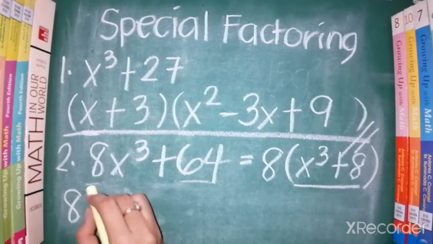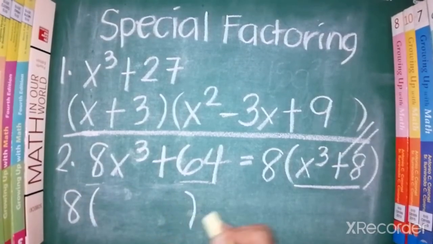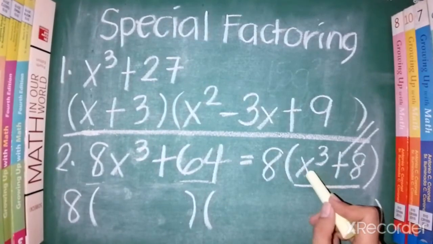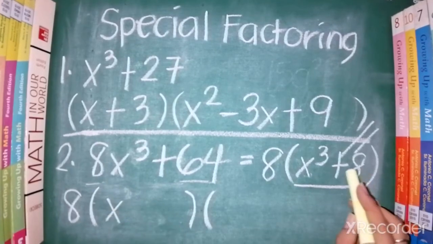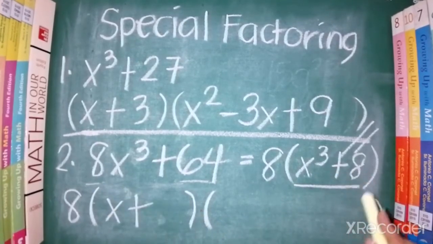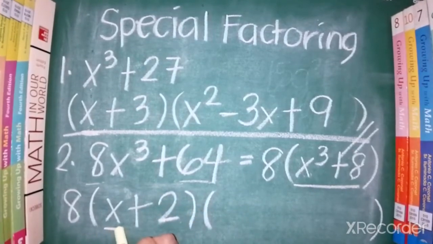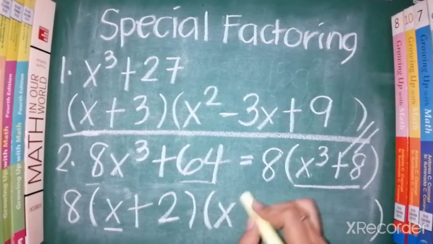So just copy 8 and then make two parentheses again, the small and the bigger one. So we will have the cube root of x³, that is x. And then copy the sign, cube root of 8, that is 2. Next step, we are going to square the first term. So we have x².